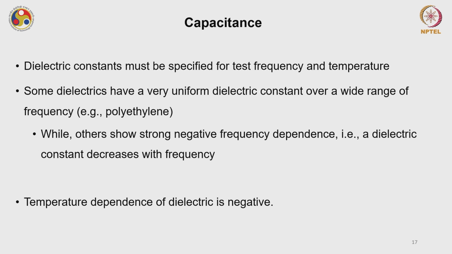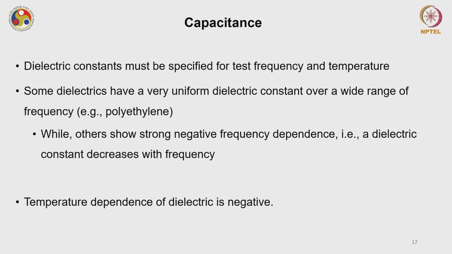Dielectric constants must be specified for test frequency and temperature. Some dielectrics have a very uniform dielectric constant over a wide range of frequency. One example is polythene, while others show strong negative frequency dependence, meaning that the dielectric constant decreases with frequency.